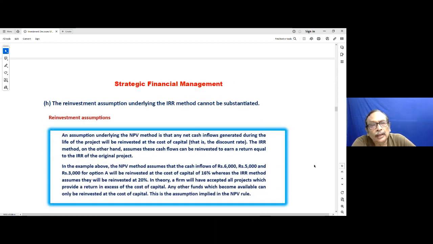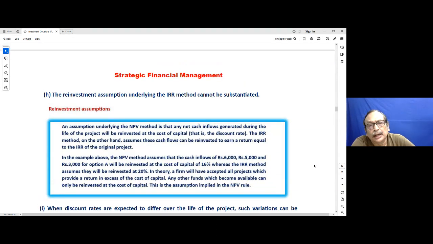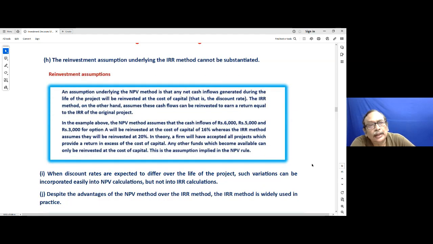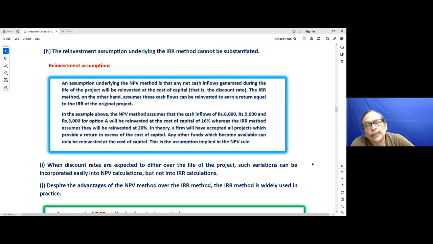Now, the reinvestment assumption underlying the IRR method cannot be substantiated. What is the meaning of reinvestment assumptions? An assumption underlying the NPV method is that any net cash inflows generated during the life of the project will be reinvested at the cost of capital, that is the discounting rate.